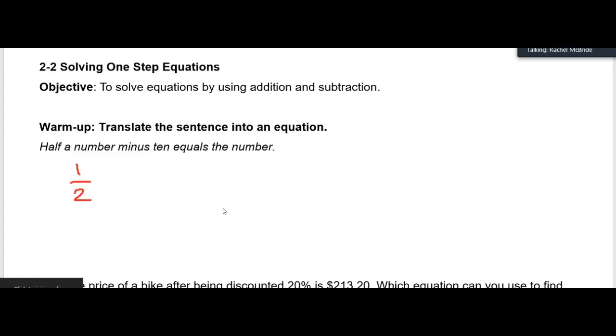A number could be any variable of your choosing, let's say n. Minus is a subtraction. Taking 10 away equals that number. So if it equals the same number you were given to start, we need to say that it equals the n or the x that we picked in the beginning. Good?